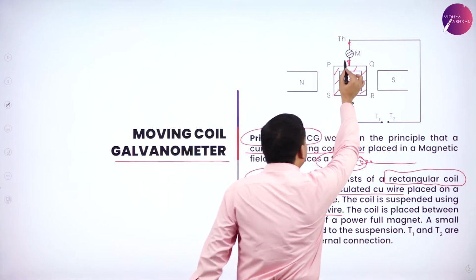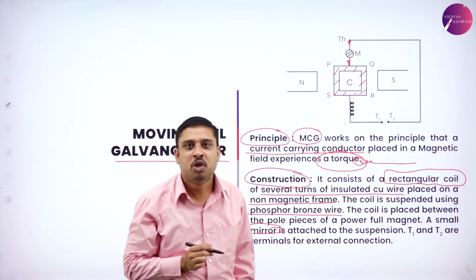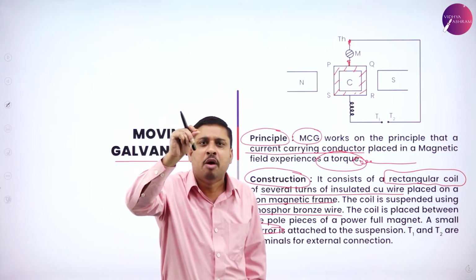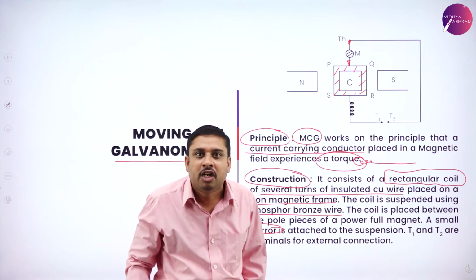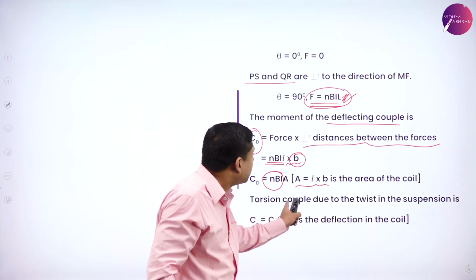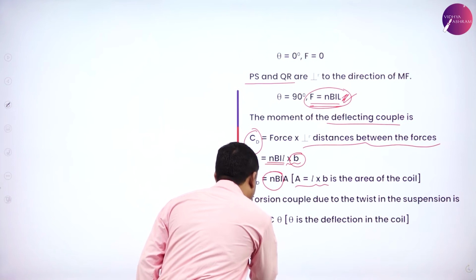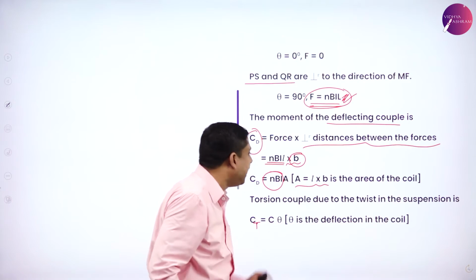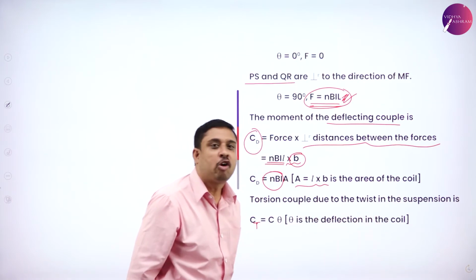Now, further, the coil is connected to the torsional head, a small ball bearing, which will again deflect the coil. Therefore, the torsional couple, because of the torsional head, is given by CT equals C into theta, where theta is the deflection in the coil.